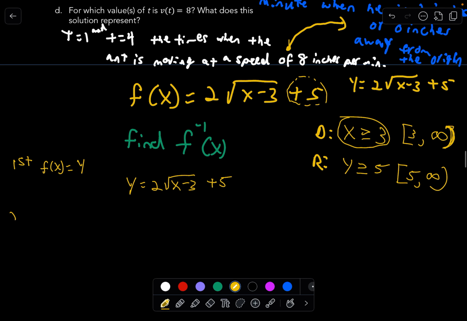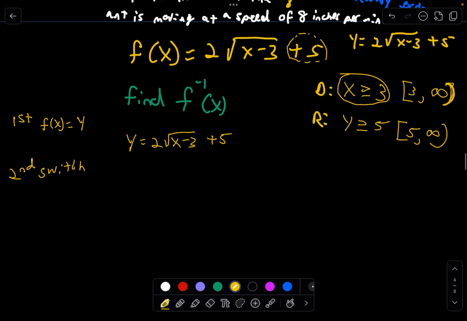Now, second, switch x and y. So that would be x now equals 2 square root of y minus 3 plus 5. I just switched x and y. Third, solve for y.